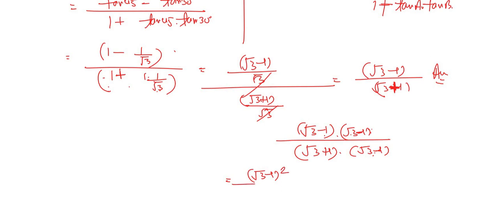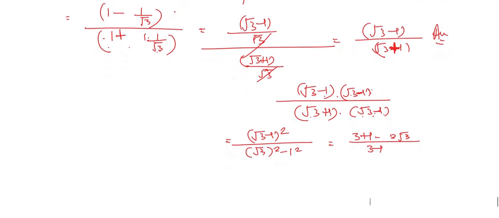Root 3 minus 1 whole square on top, and by a plus b, a minus b, it will be root 3 square minus 1 square at the bottom. Which is 3 plus 1 minus 2 root 3 by 3 minus 1. Correct?